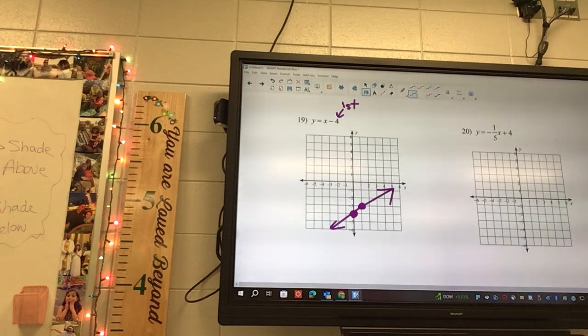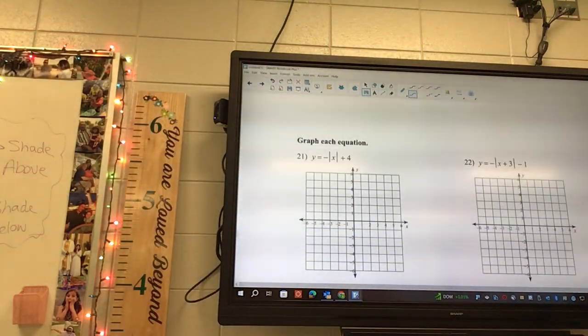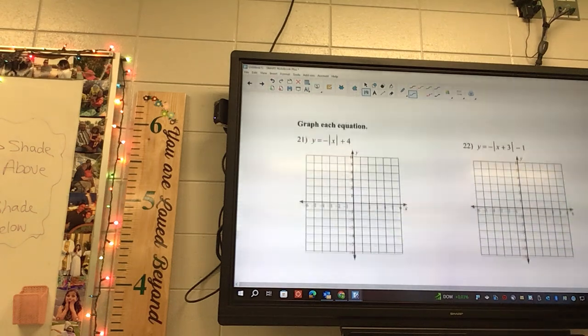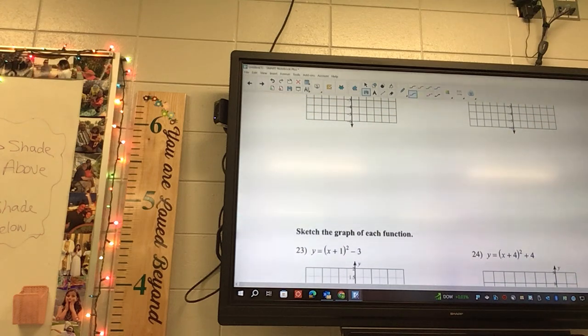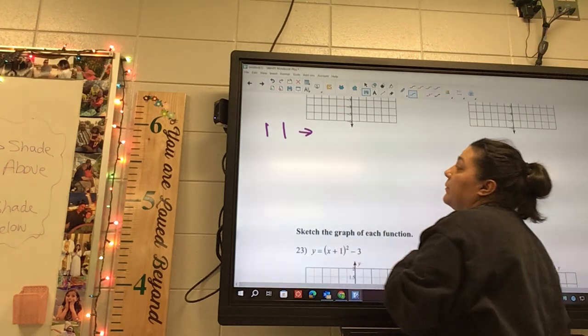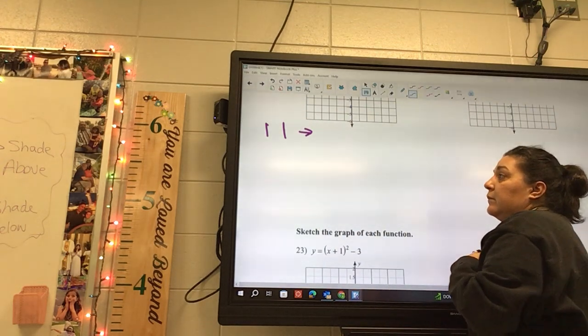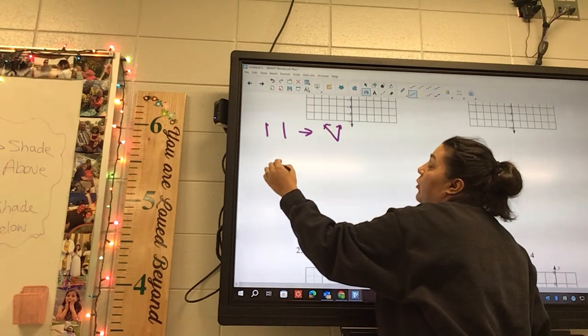Okay, number 21. Okay, there's quite a bit of notes, so find somewhere to put it. First of all, if it is bars, what should your picture look like? A V. Okay, so 1 over 1, 1 over 1.